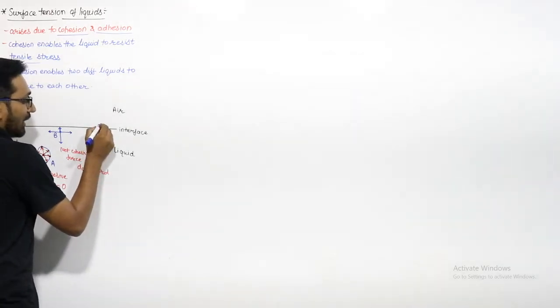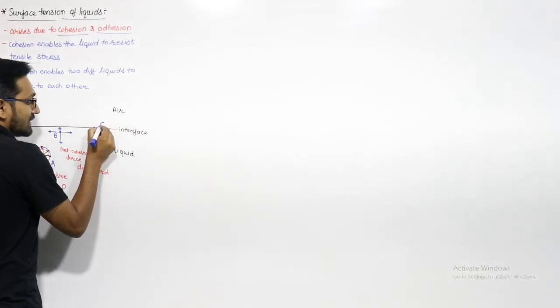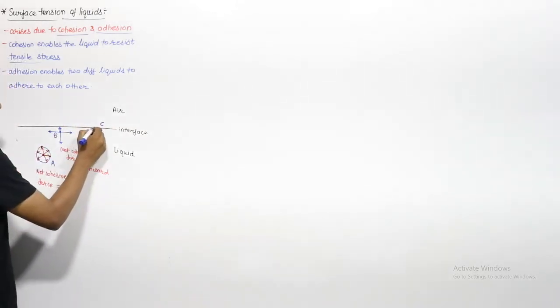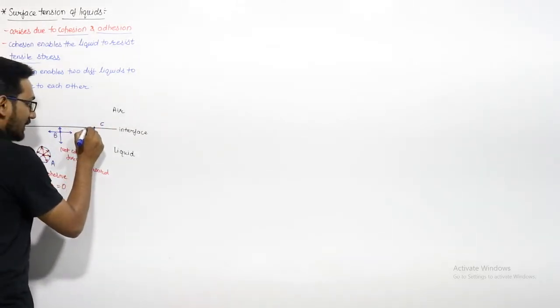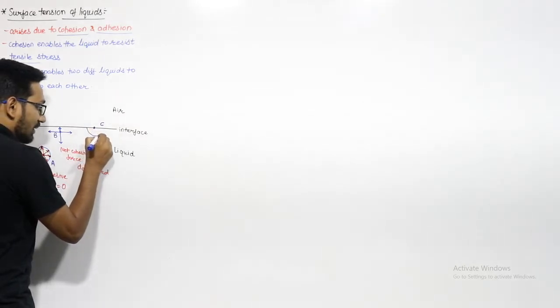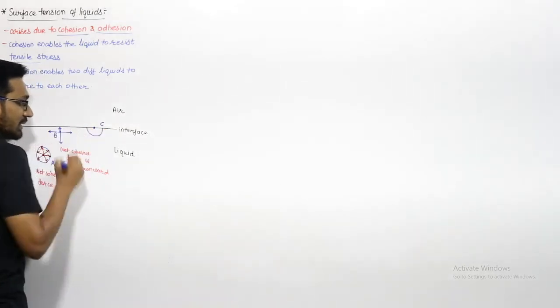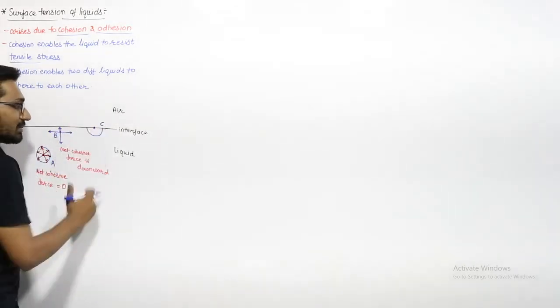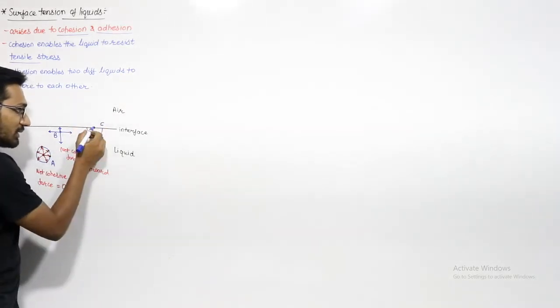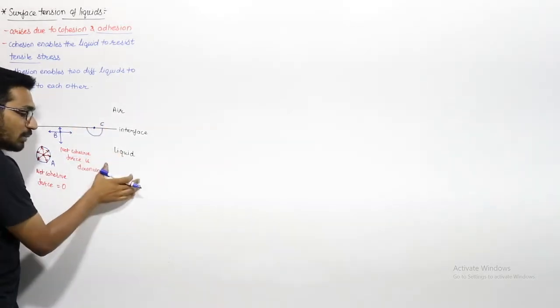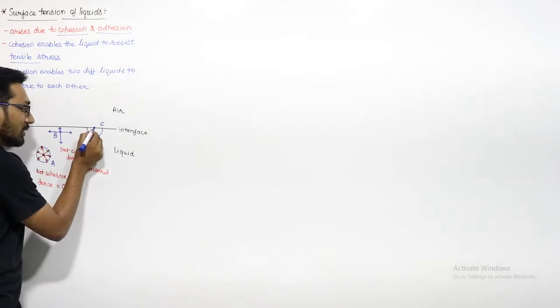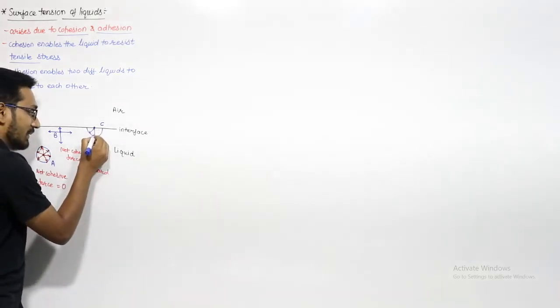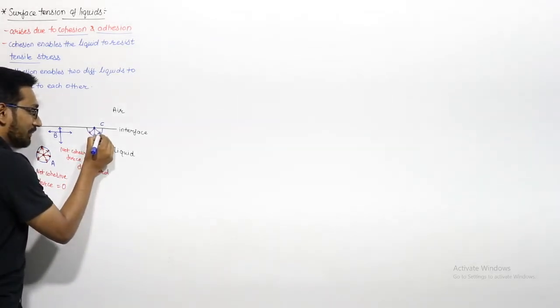If I take the particle on the interface, let us say C, on the particle C this is the sphere of influence, right? So below this particle, we have the liquid particles which exert the cohesive forces of attraction, like this.